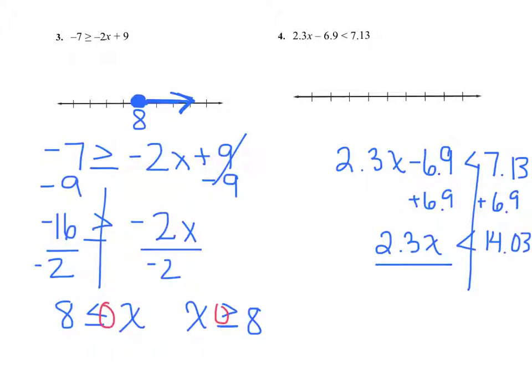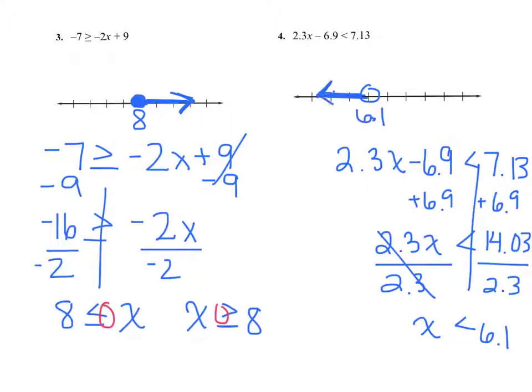Now it's multiplying, so I'm going to divide by 2.3 and divide by 2.3. x is going to be less than 6.1. All right, so make a 6.1 on our number line, and it's going to be open because it does not include it. And then it's going to go off to the left.